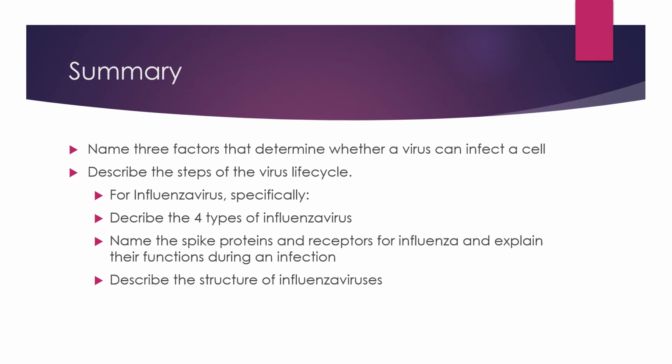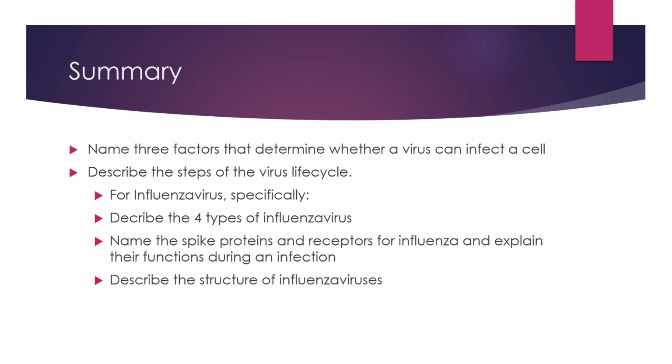The third thing was that the cell that the virus is going to infect has to be permissive. It has to have all the materials inside of it that will allow the virus to reproduce and produce progeny, or offspring. I also described the steps of a virus life cycle. Remember, they were attachment, penetration, uncoating, biosynthesis, maturation, and release. You, again, will need to know that for your exam.